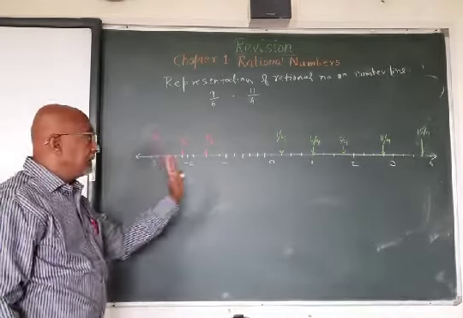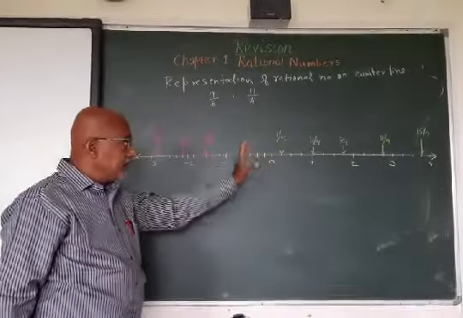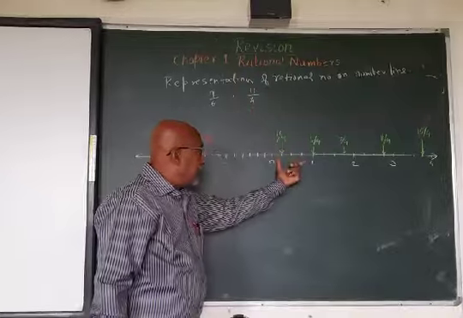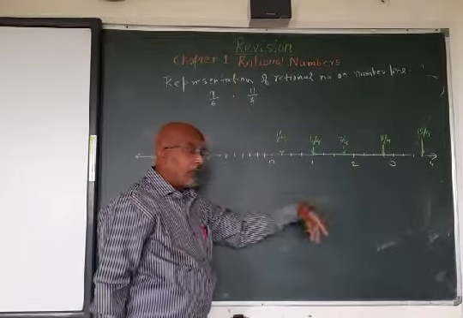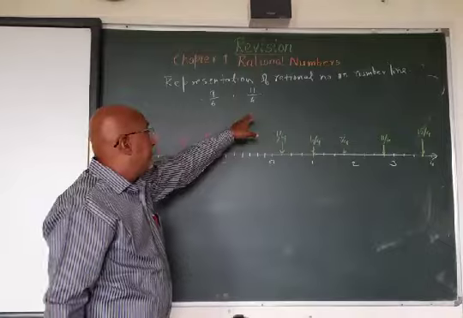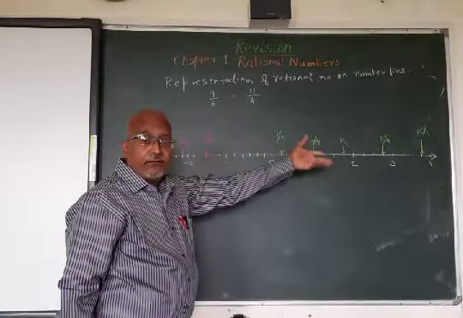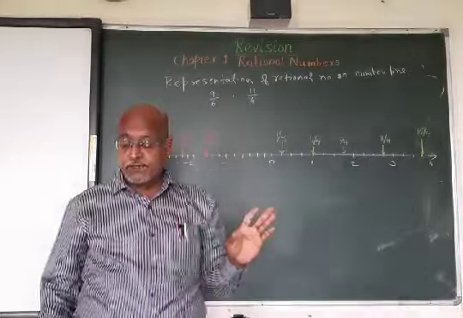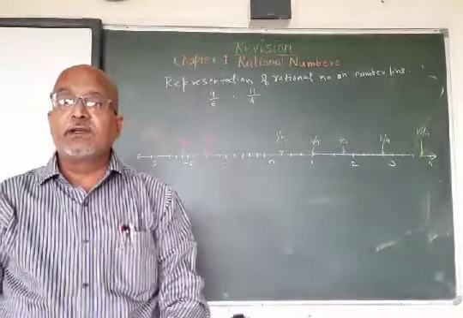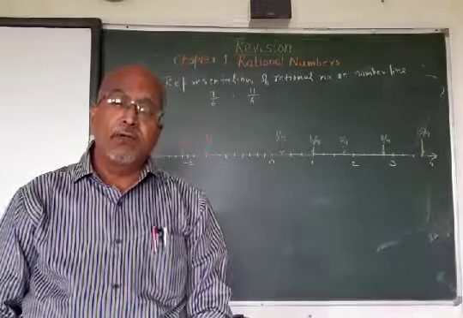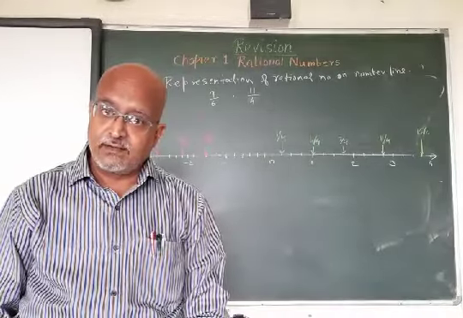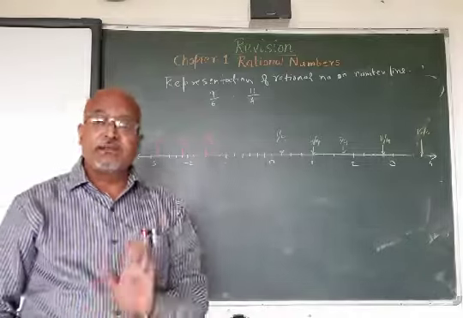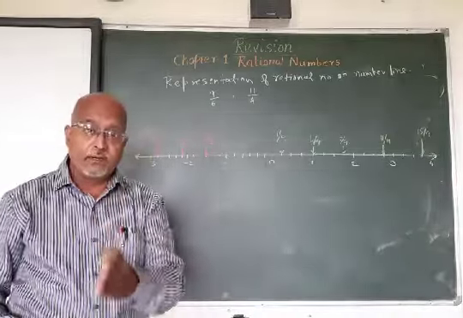Once you divide one unit into as many parts as the denominator, you can represent all the numbers having 4 as the denominator. If 5 is the denominator, divide each unit in 5 equal parts. This is how we can represent a rational number on a number line. And obviously you are going to face this type of question in your upcoming exam.